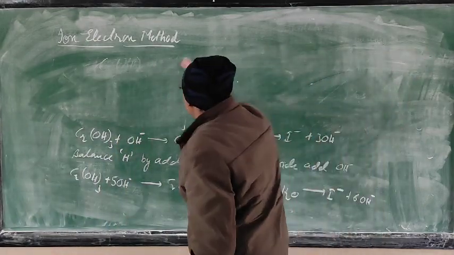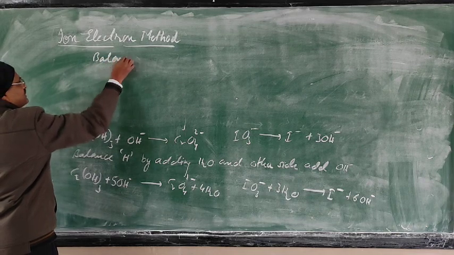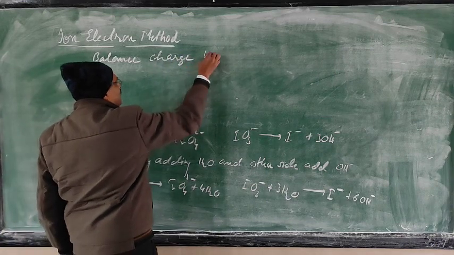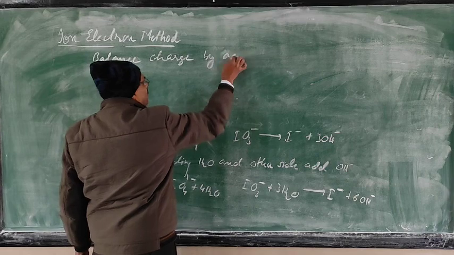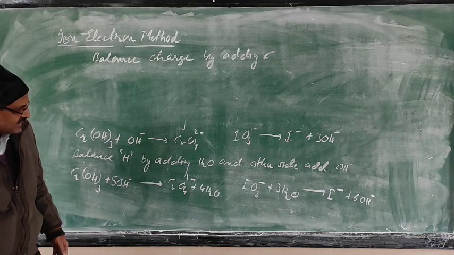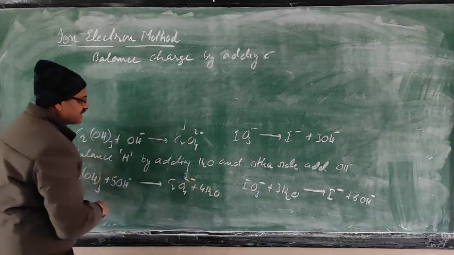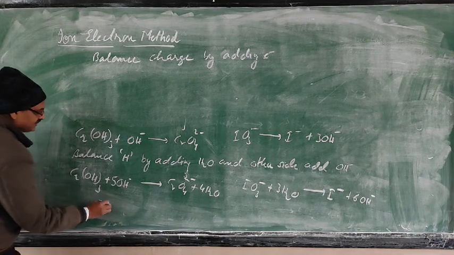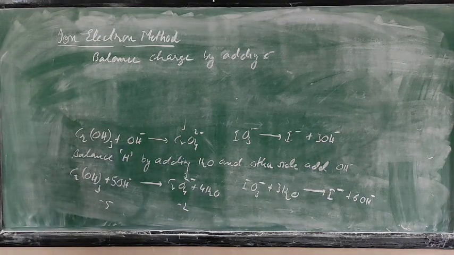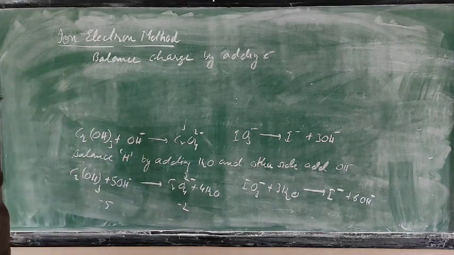Count how many charges there are. Cr(OH)3 plus 5 OH negative has a charge of minus 5, and the other side has minus 2. So on that side you can add 3 electrons, since an electron has 1 negative charge. So minus 5 equals minus 2 plus 3 electrons.